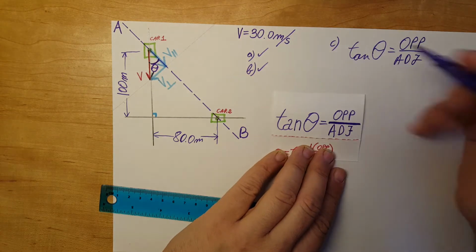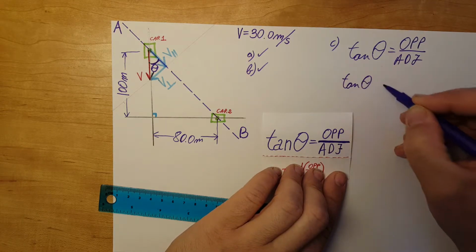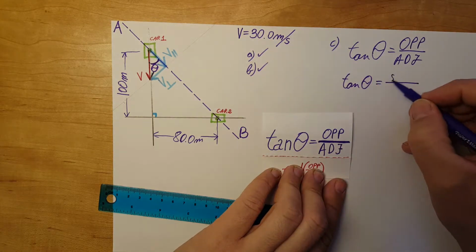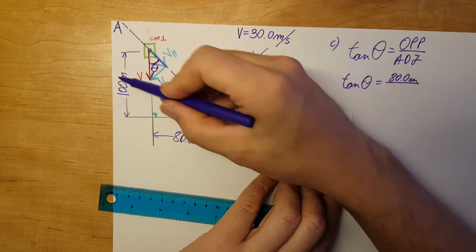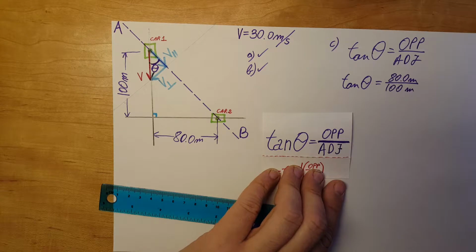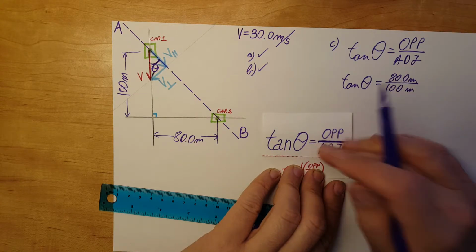Therefore, tangent of theta equals the opposite, which will be 80 meters, over the adjacent, which will be 100 meters. Okay, now we are interested in theta itself.